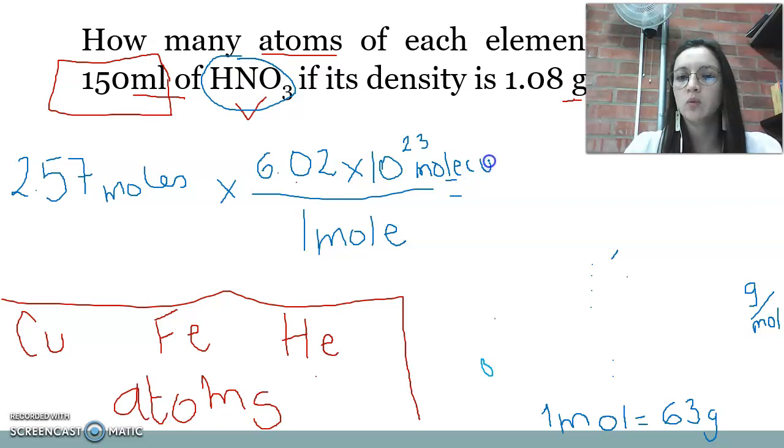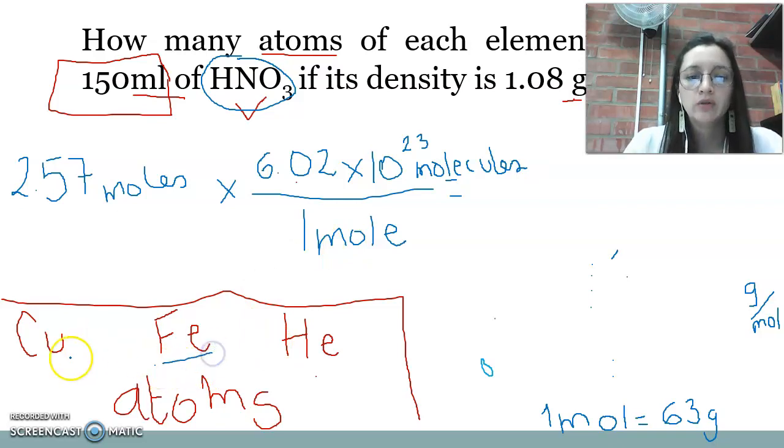I think there was only one in which you were asked to calculate atoms from a single element like this one. So if you're given a formula with a single element, in that case you can change from moles to atoms straight. Otherwise, we have to first calculate molecules and then look at the elements individually, as this exercise asks.